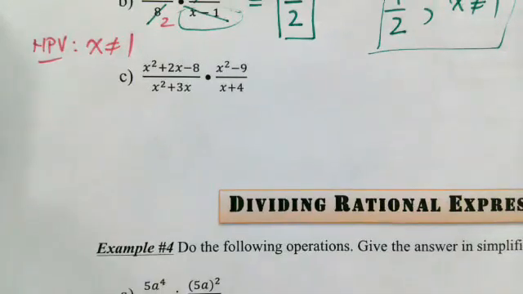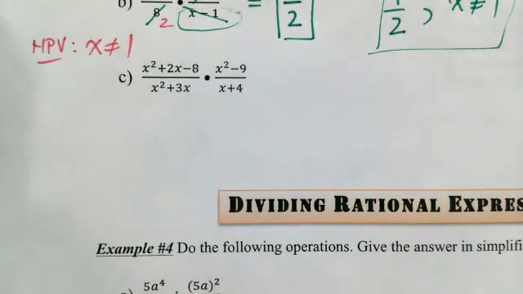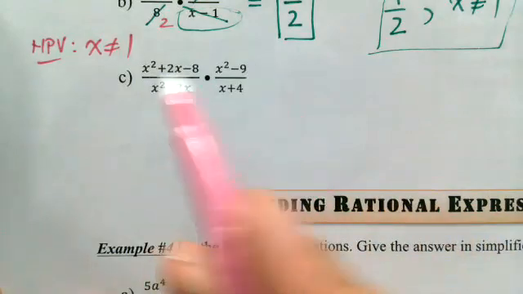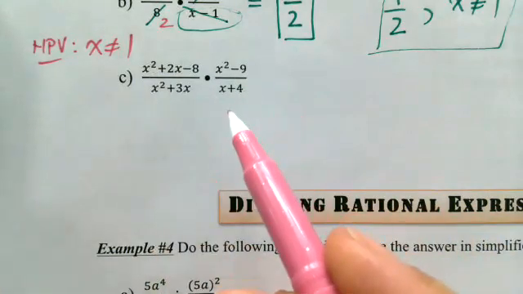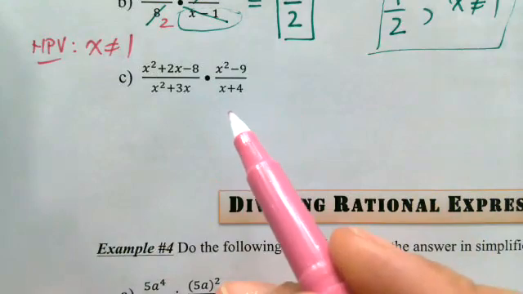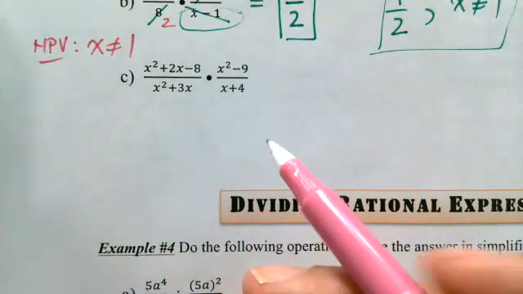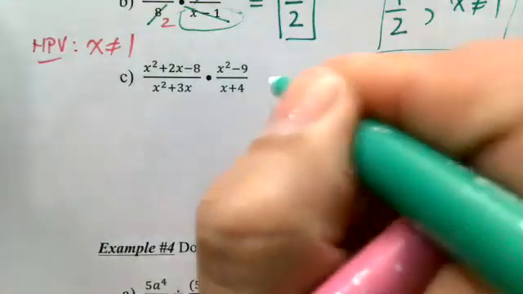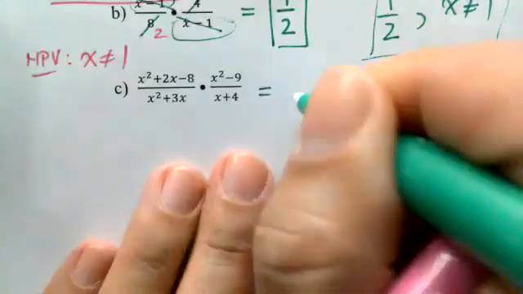And the last one, a multiplication of more complicated looking rational expressions that involve some quadratics. So every single one of these ones have to be factored in a factor form, and then we can see if we can simplify it, and we can also look for NPVs a little bit later on. So let's start with the first fraction.